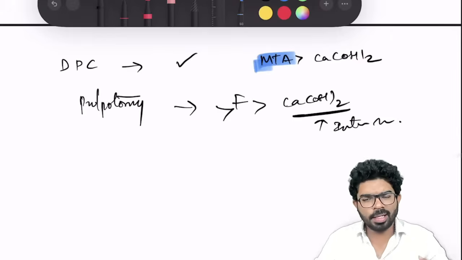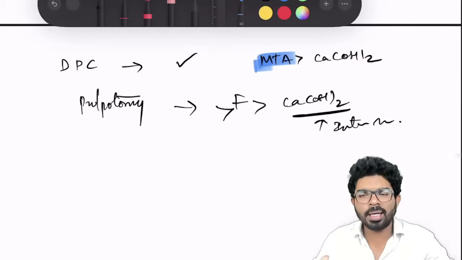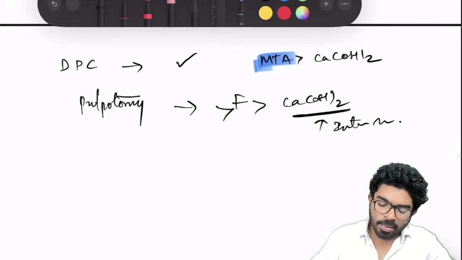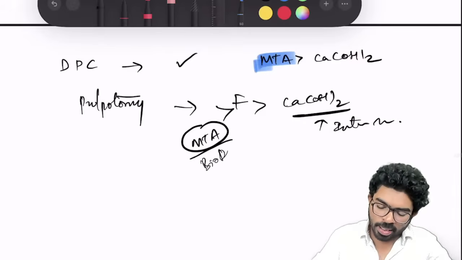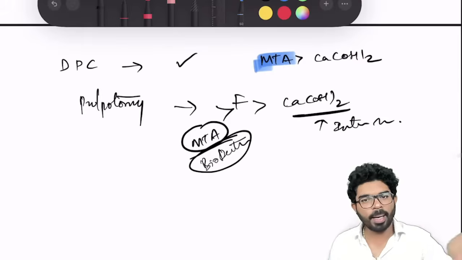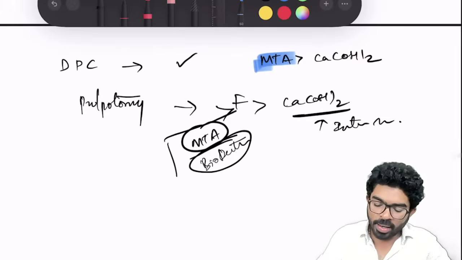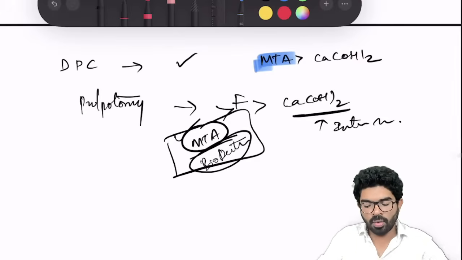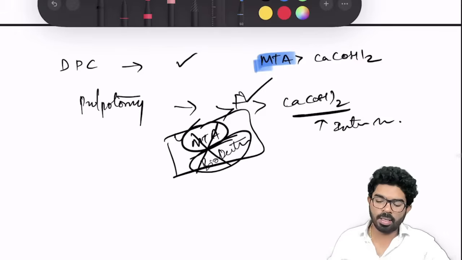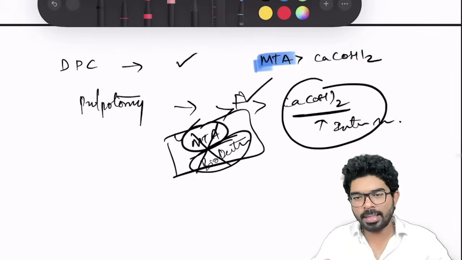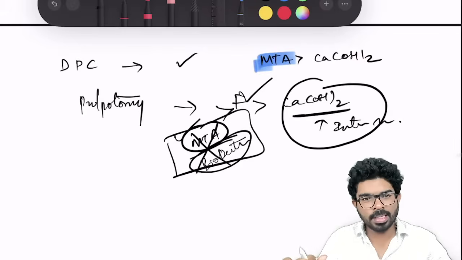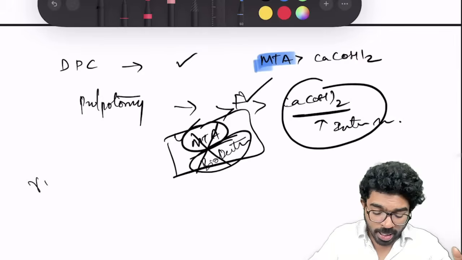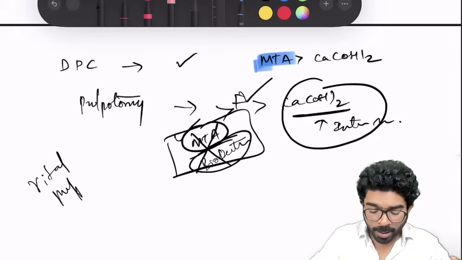There are studies showing that formocresol has created some impact on the brain tissue. We have better materials like MTA, Biodentine, and all these materials are doing a little better. So if you have MTA or Biodentine in the options, go for it. If you don't have these, then think of formocresol. The last option we are not encouraging is calcium hydroxide because of the internal resorption. So these are the important things about direct pulp capping and pulpotomies, which are basically vital pulpal procedures.